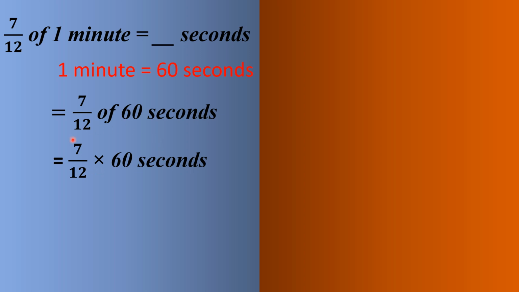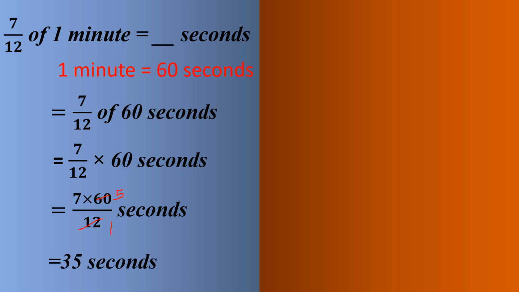Now it is a very simple question. 7 multiply 60 by 12, and you can solve it just by dividing this 12 by 12. 12 ones are 12 and 60 divided by 12 means 12 fives are 60. It means 35 seconds.